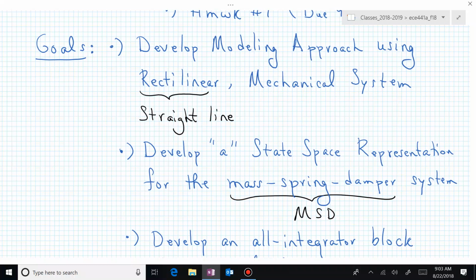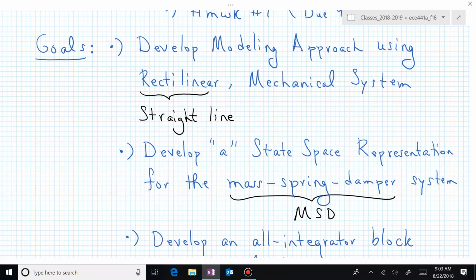What we're doing today is actually, now we're stepping into the mechanical side. So today what we want to do is develop a strategy for coming up with these equations of motion, or these dynamics, and we will use a rectilinear mechanical system.